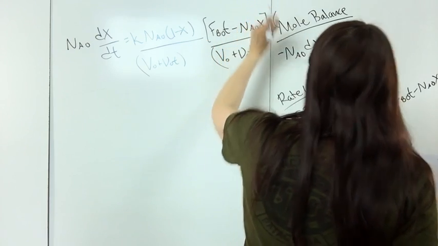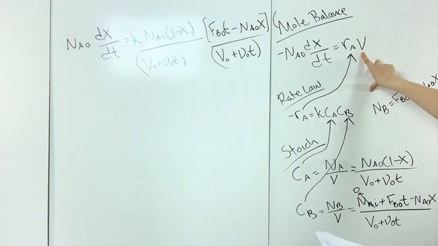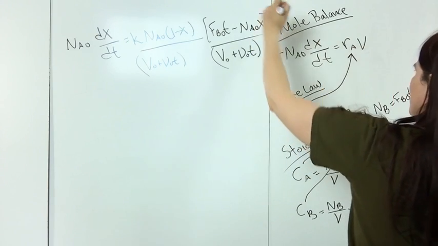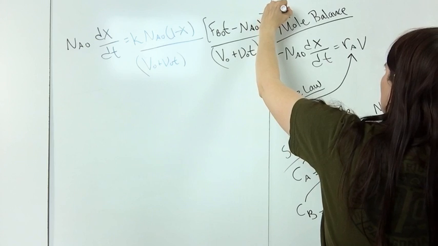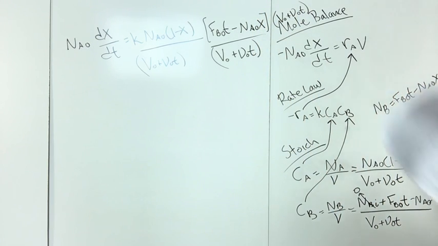And this is also multiplied by volume, and just be really careful to make sure the volume is V naught plus v naught t. So you can't just write in V because this is changing.